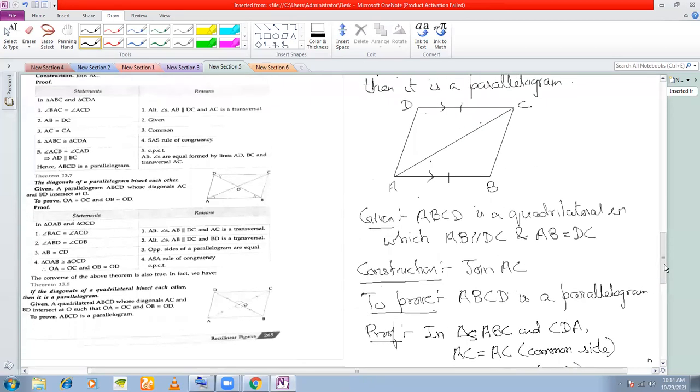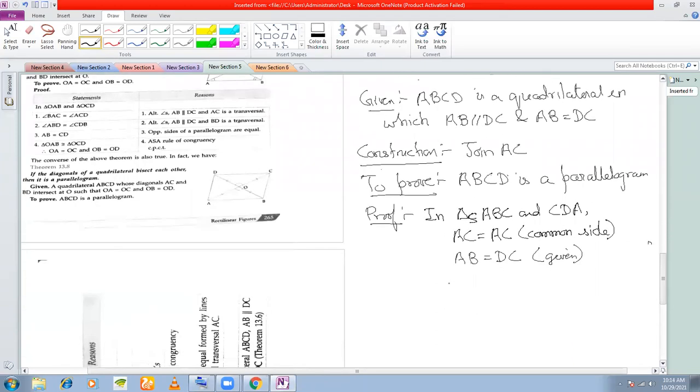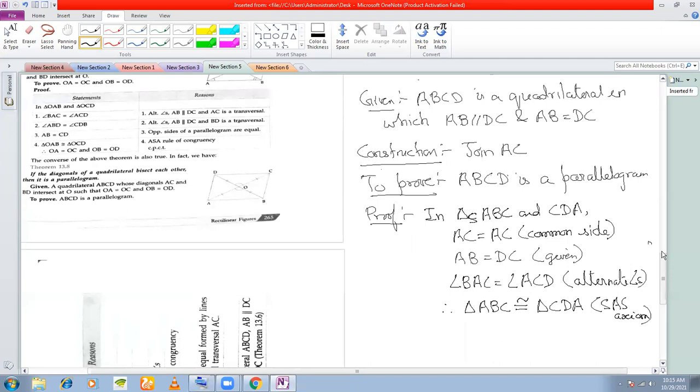And angle BAC is equal to angle ACD, alternate angles. Therefore, triangle ABC is congruent to triangle CDA by SAS axiom. Okay, we have proved congruency.